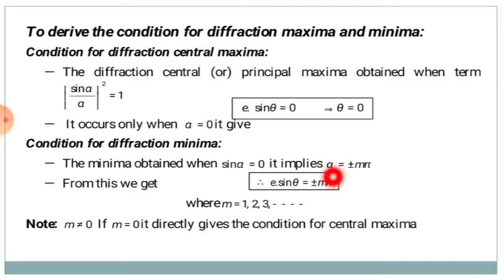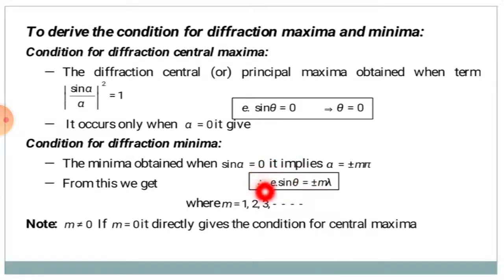Here m is equal to 0. Then we will get e sin theta is equal to 0. So e sin theta is equal to 0 represents that the waves diffracted from the two slits are travelling equal paths.